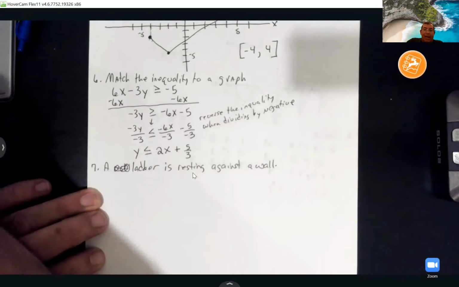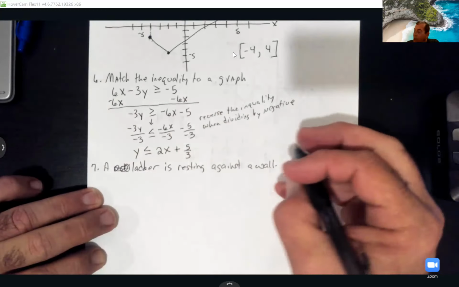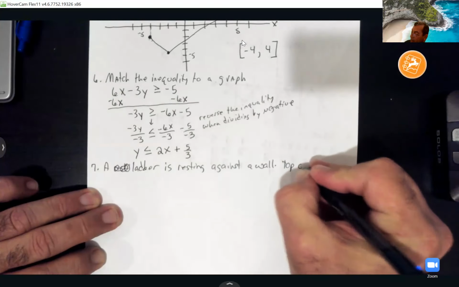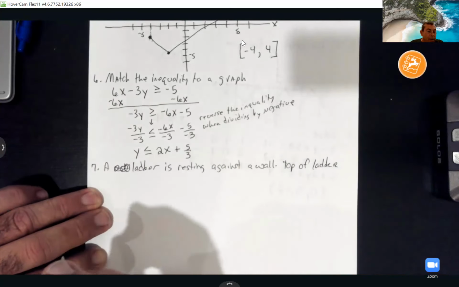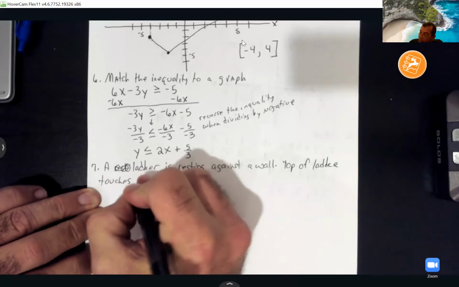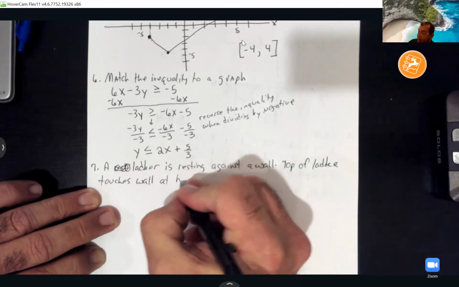The top of the ladder touches the wall at a height of 15 feet.